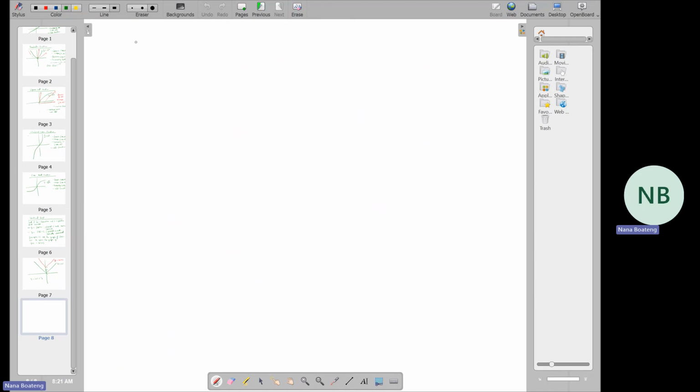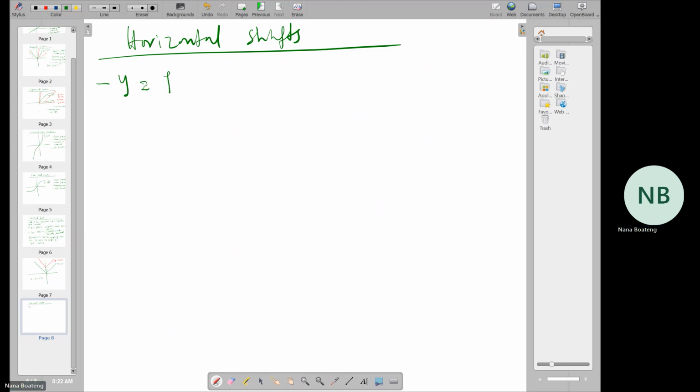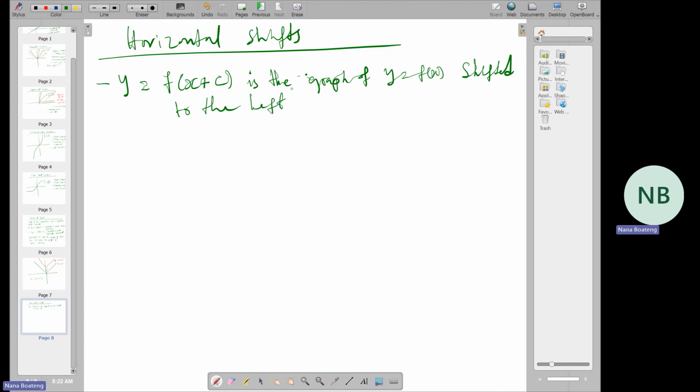All right, so let's look at horizontal shifts. Again, if f is a function and c is a positive real number, then y equals f of x plus c is the graph of y is equal to f of x shifted to the left c units.